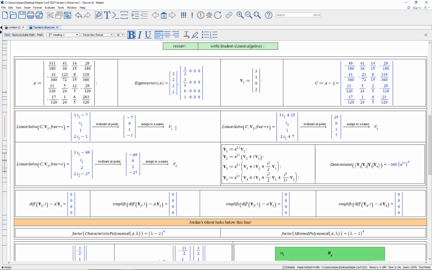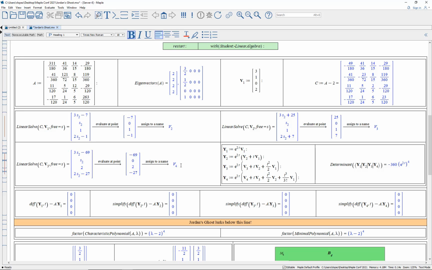Can you go up the ladder one more step from v2? You do the same thing. Use linear solve, free parameter. I've chosen the free parameter to be 0. The vector I get is v3. Can we go up once more? Same trick. I've chosen the free parameter to be 0. Call that resulting vector v4.